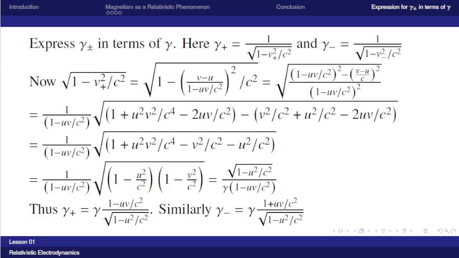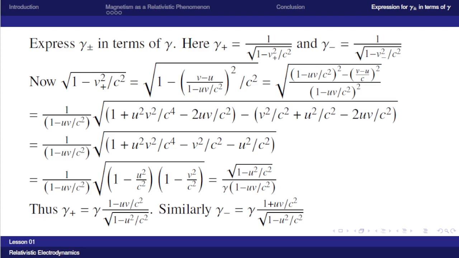Here gamma plus is this one and gamma minus is this one. We take the denominator, root of 1 minus V plus square by C square. It is root of 1 minus, V plus is V minus U by 1 minus UV by C square, all square by C square. So taking the LCM, 1 minus UV by C square all square minus V minus U square by C square, by 1 minus UV by C square all square.